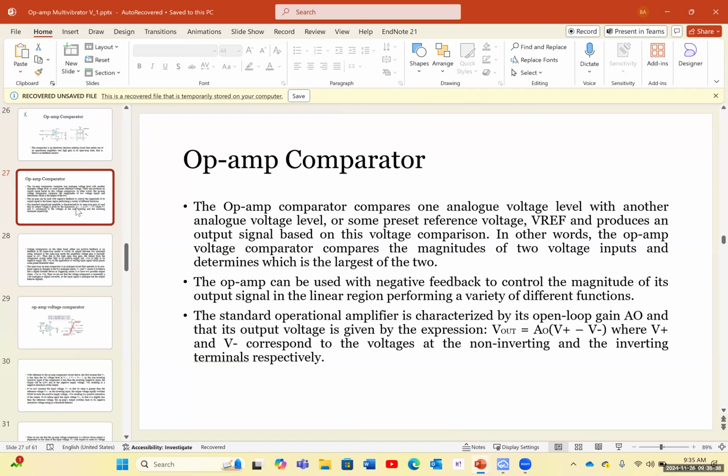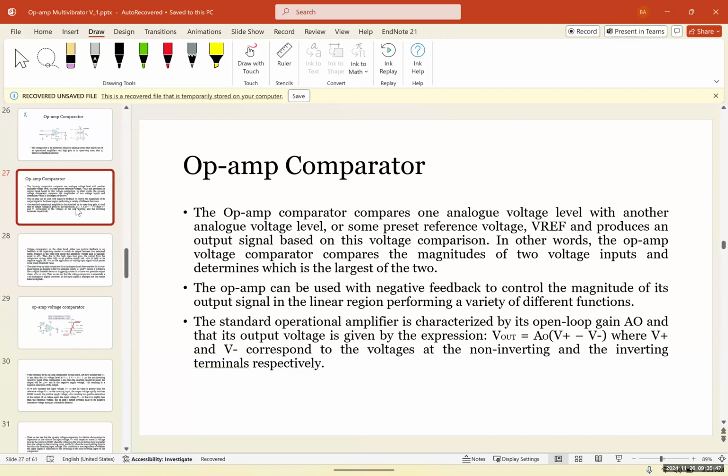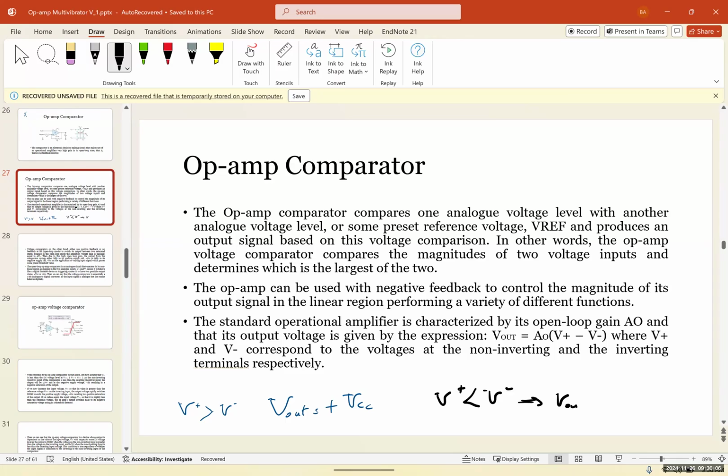Since the gain of an ideal op-amp is infinite, V out is going to be A times (V positive minus V negative). If V positive is greater than V negative, then V out would be equal to positive VCC. And if V positive is less than V negative, then V out would be equal to negative VCC.